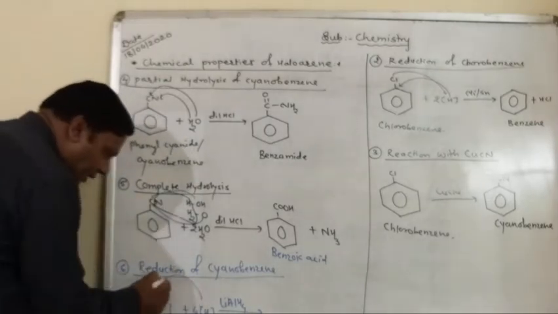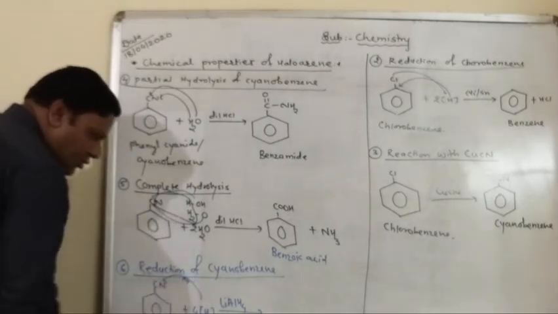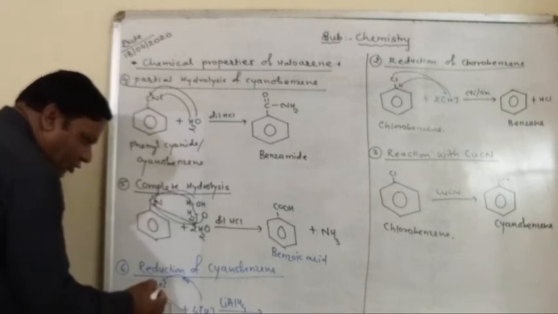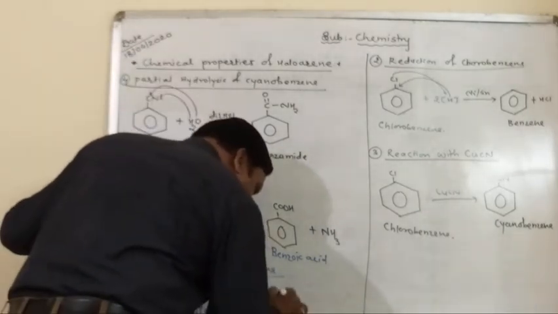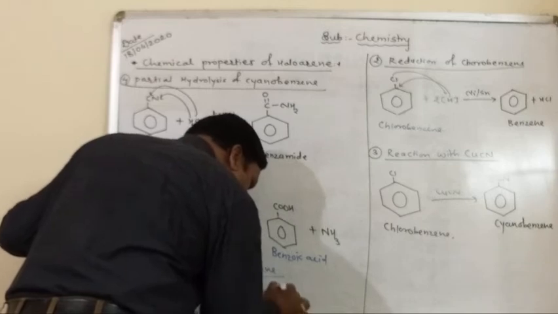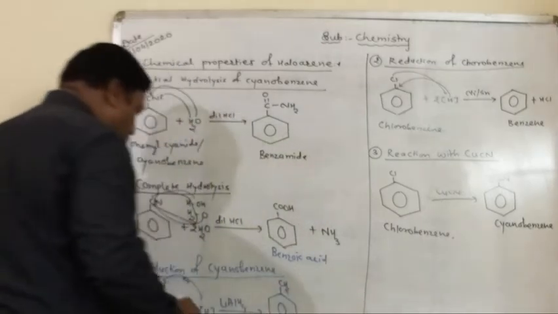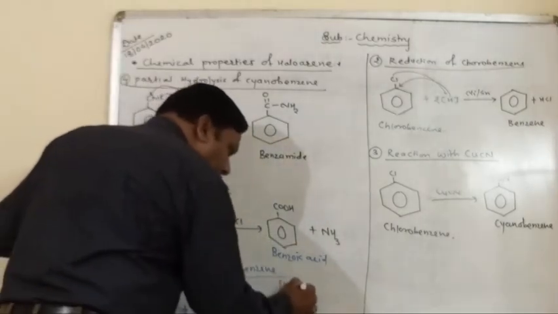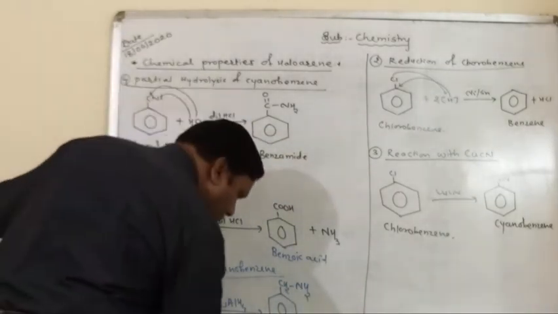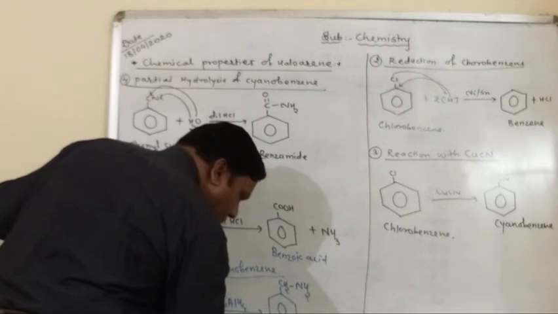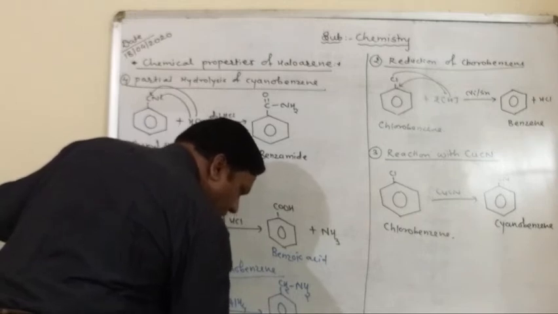So 2 will attack nitrogen and 2 will attack carbon. Which compound is formed? Carbon added to hydrogen gives CH2, and nitrogen added to hydrogen gives NH2. So CH2NH2 is named benzylamine.